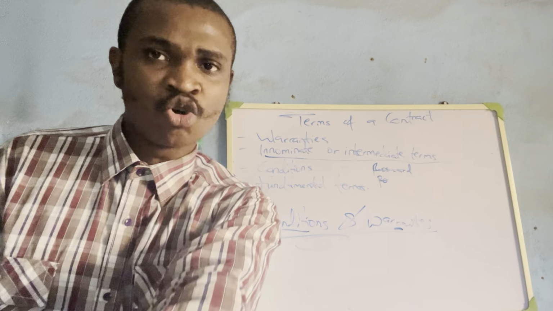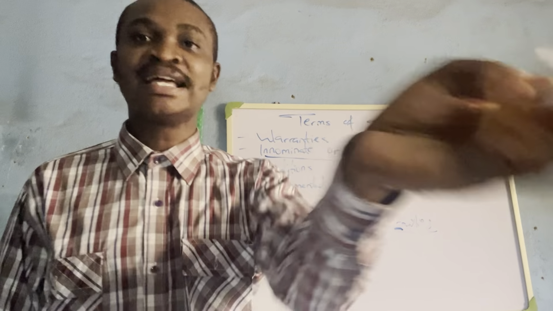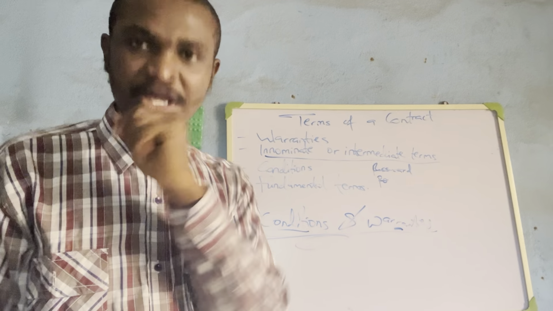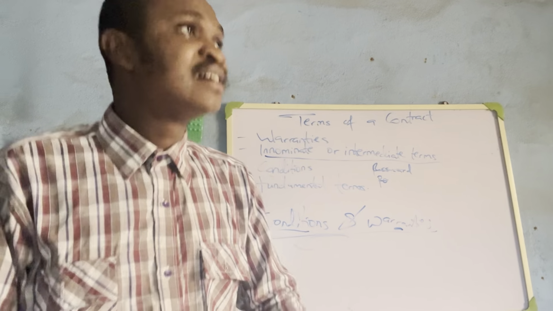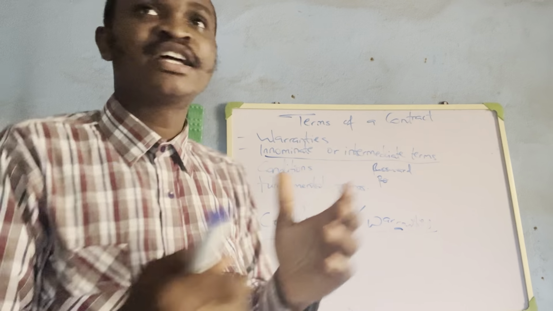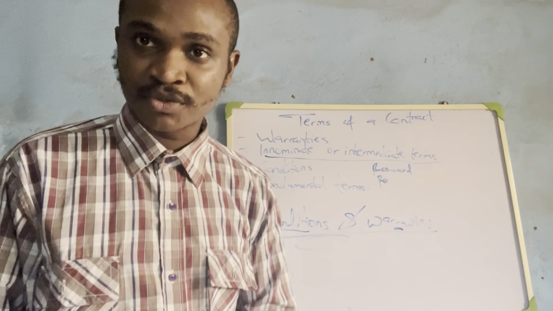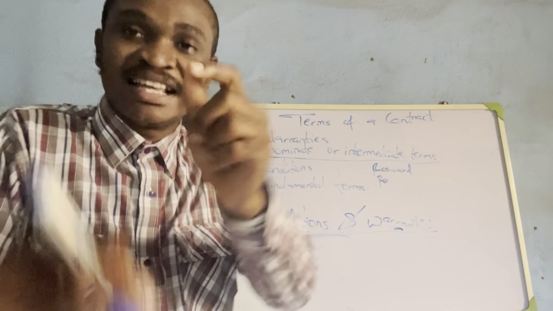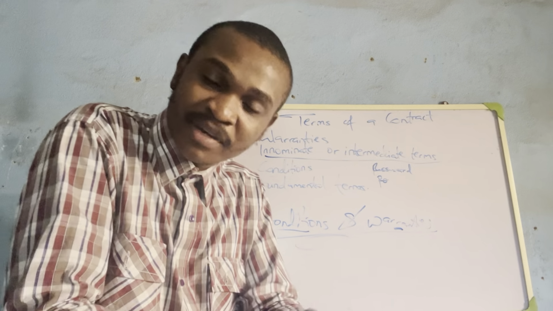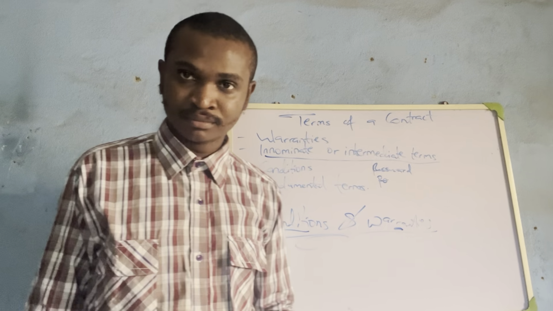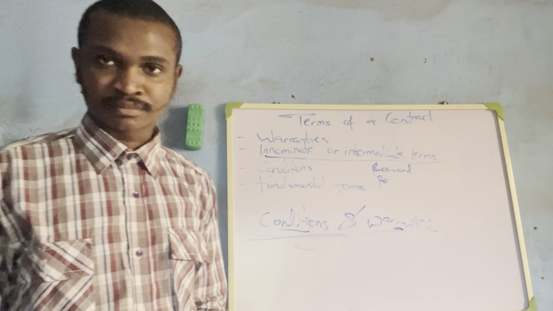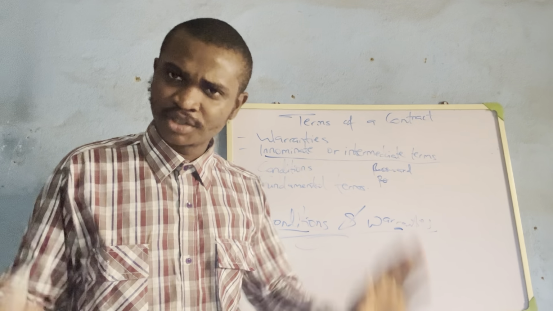If the answer is no, then it is only damages that I will pay you. If the answer is yes, okay, let us say it is now the camera that is at fault, then the remedy would be repudiation. You see what I'm saying?